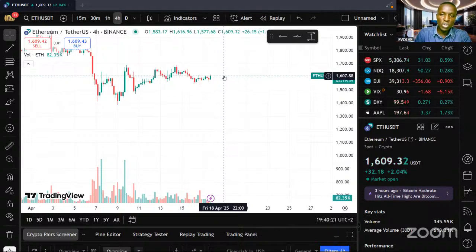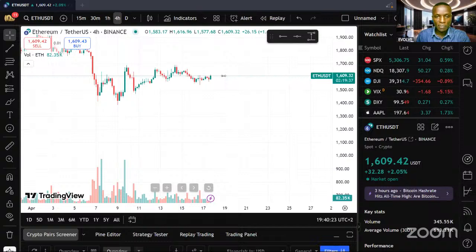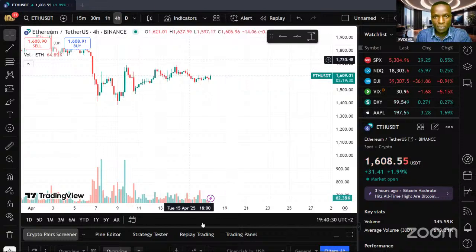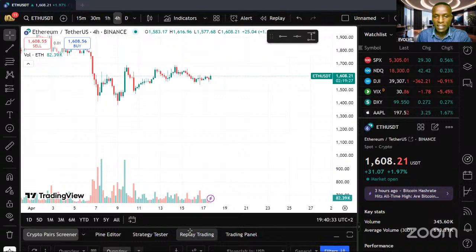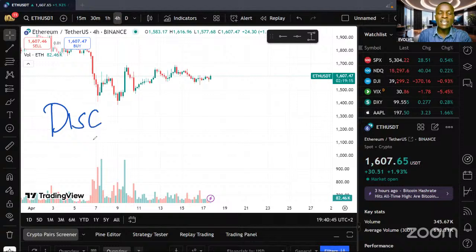So we've introduced another term. If you are taking notes, you should be writing down these terminologies I'm using. Discount price. So we can say Ethereum is on discount price.